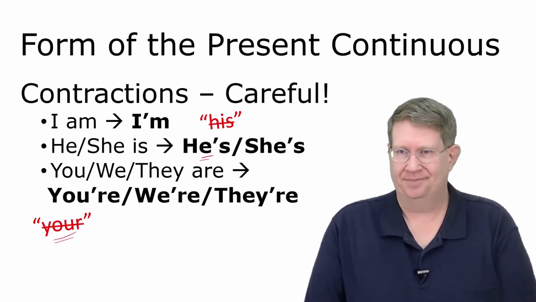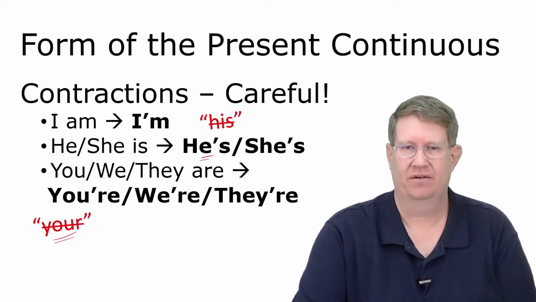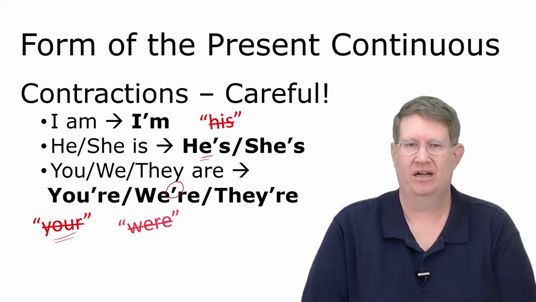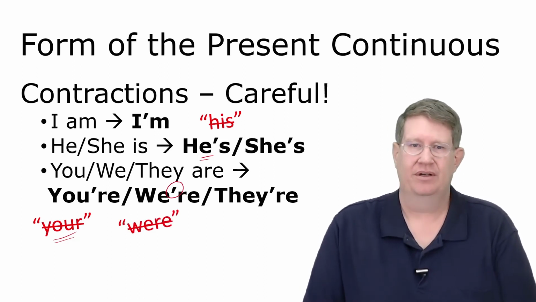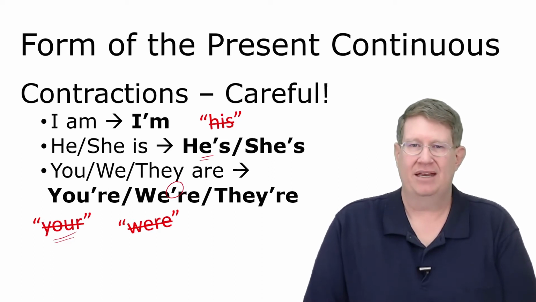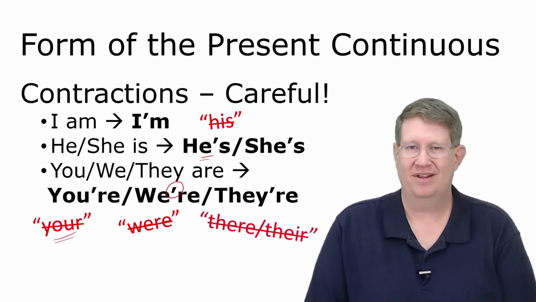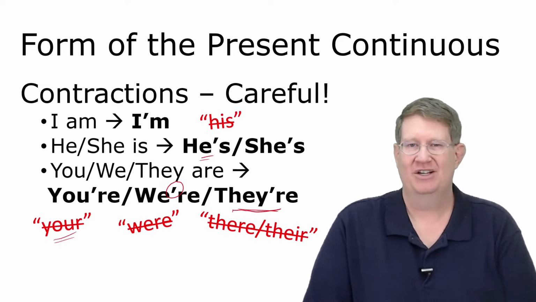All right. The next one, we're. If you forget the apostrophe, you're going to end up with this, were, which again is something different. It's the verb to be in the past simple. And then this one, they're, is spelt this way, T-H-E-Y apostrophe R-E, not these other two ways.